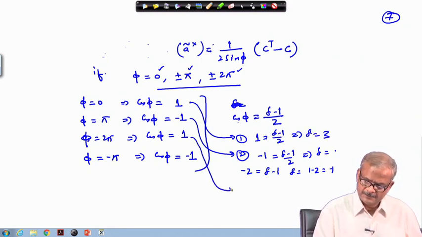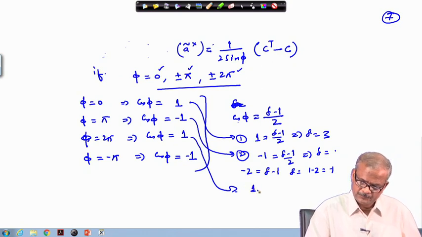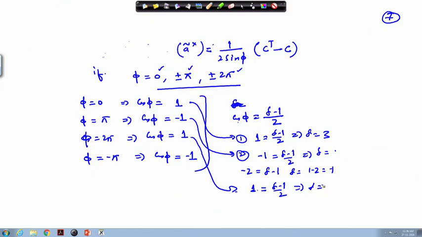Similarly, for the third one, 1 equal to delta minus 1 by 2, so delta equal to 3, and for the fourth one, cos phi is minus 1, so delta equal to minus 1. So, we are getting either the value of delta equal to minus 1 or 3 for all these values where sin phi is vanishing.